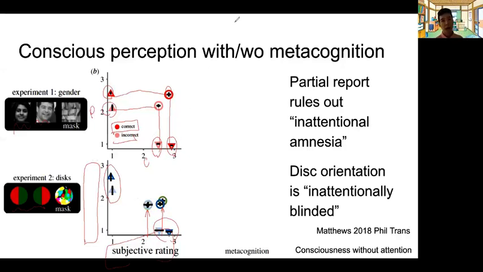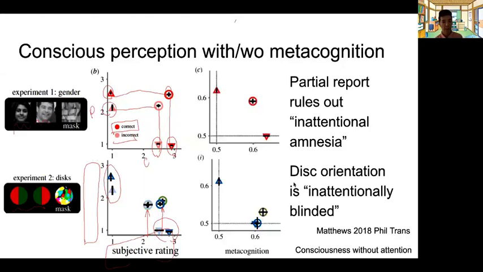And that results in this pattern of type 2 performance: in the case of the face, it drops compared to the perfect situation, but it's definitely above chance metacognition. But in the case of the disk, it completely collapses. Because the performance itself is bad in the dual task situation, it's not a huge wonder, but we made sure that our subjects also cannot metacognitively access this information.